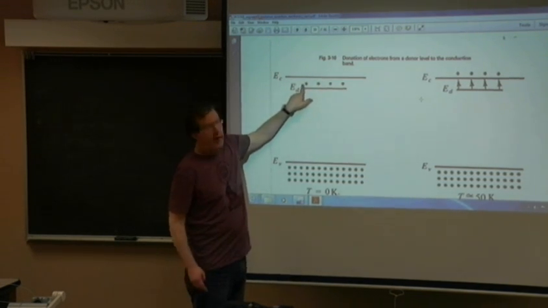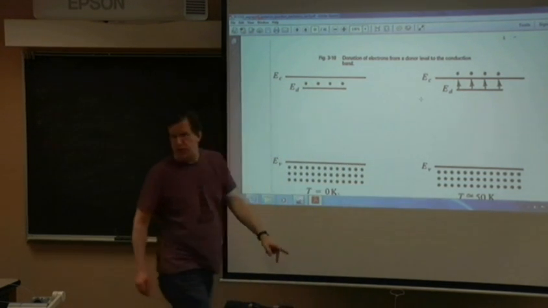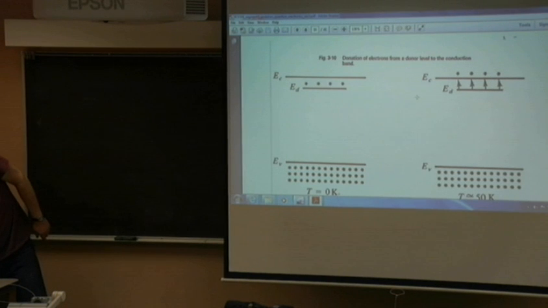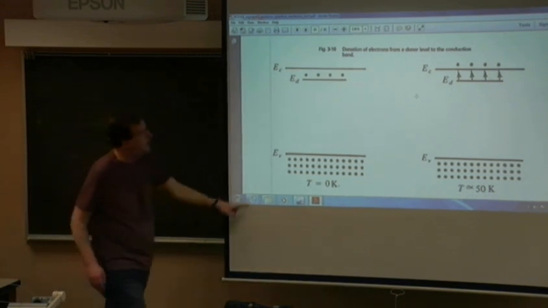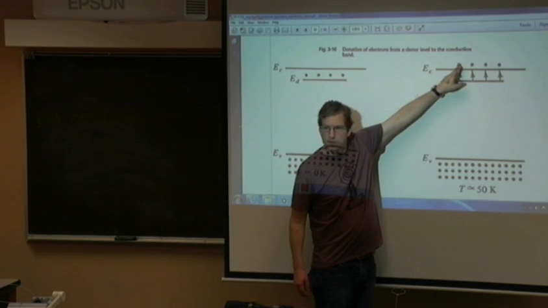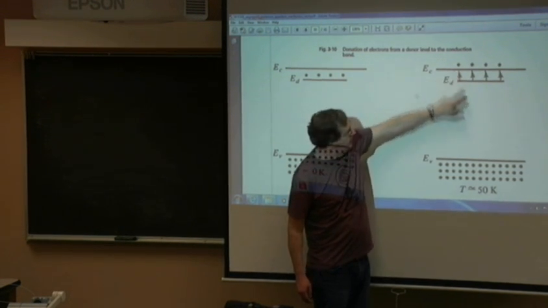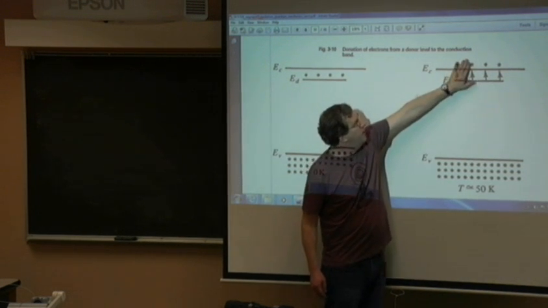So that 5th electron is easily liberated, probably at just 50 Kelvin, is enough to cause that electron to be pulled away, because this energy level is very, very modest. And so I have free electrons.